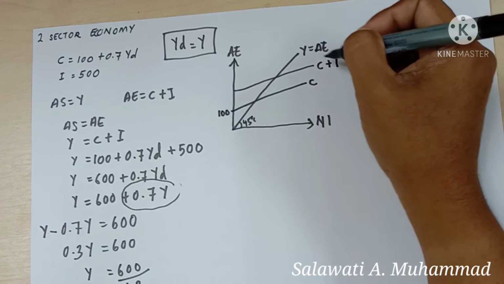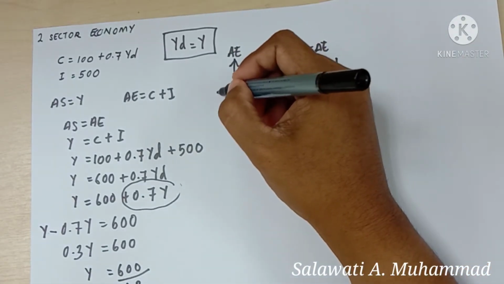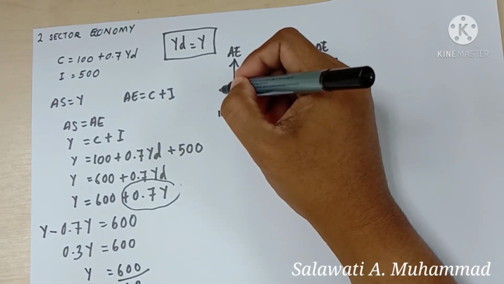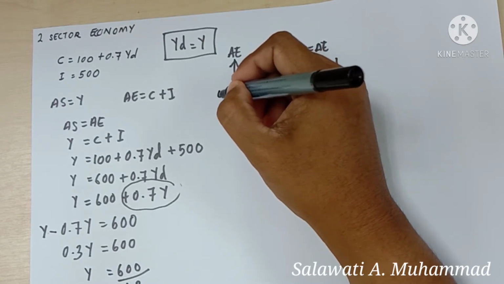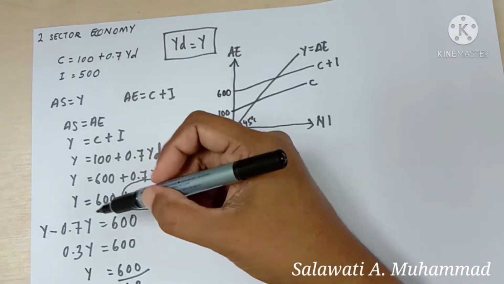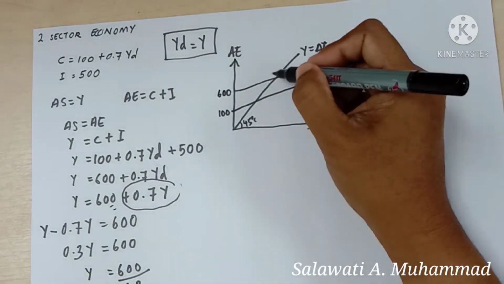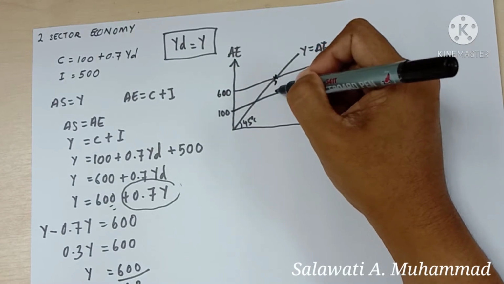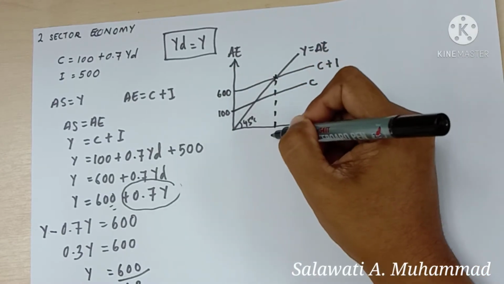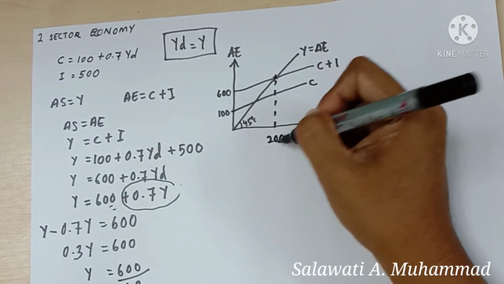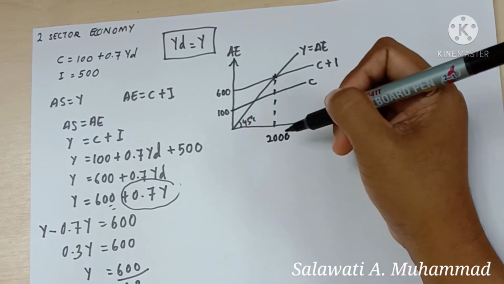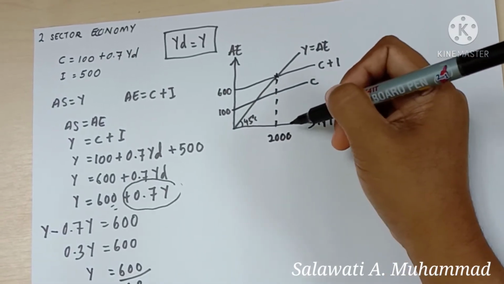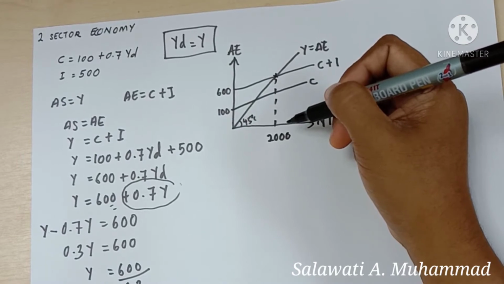For C plus I, the autonomous amount here will be how many? 600. So for the new C plus I, the equilibrium we get is 2000. This is the equilibrium amount of national income.